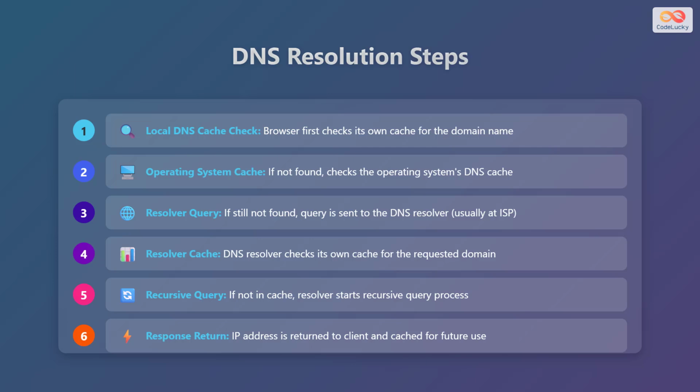Fourth, the DNS resolver checks its own cache for the requested domain. Fifth, if the resolver does not have the IP address in its cache, it starts a recursive query process to find the authoritative name server for the domain. And sixth, once the IP address is found, it is returned to the client and cached for future use.